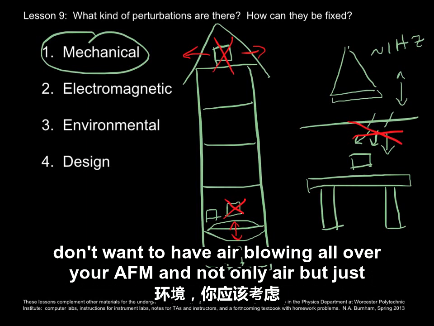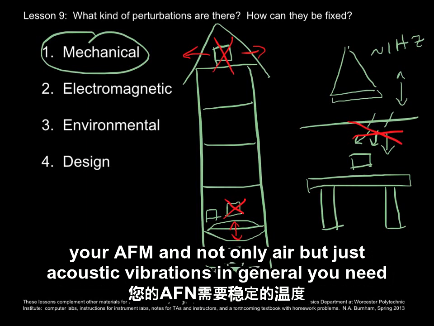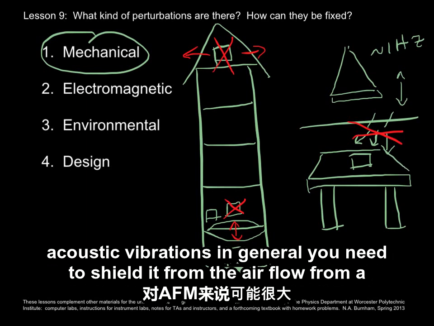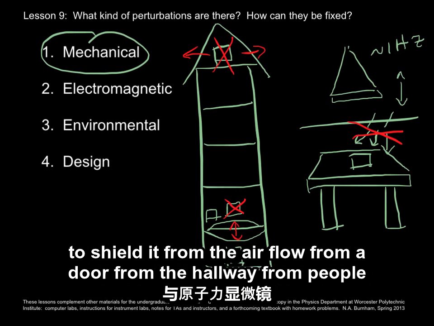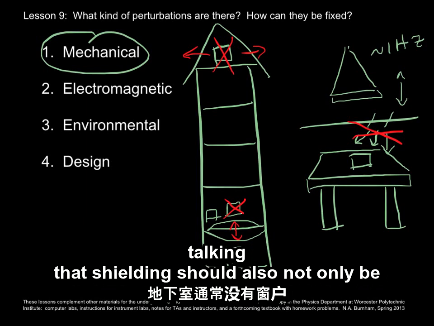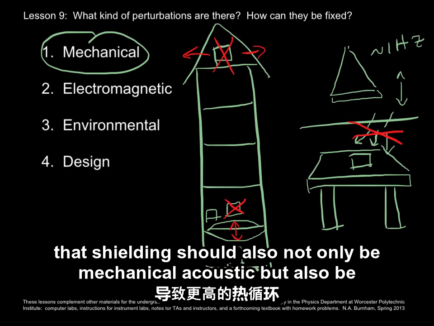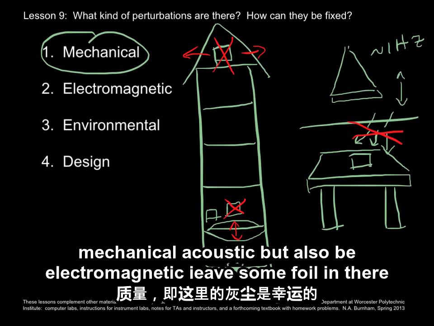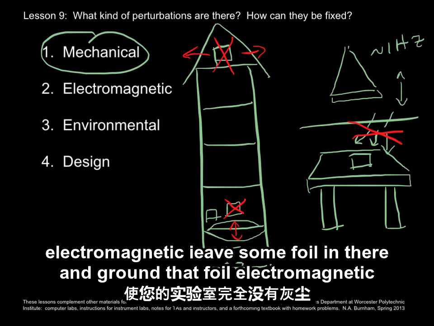And not only air, but just acoustic vibrations in general. You need to shield it from the airflow from a door, from a hallway, from people talking. That shielding should also not only be mechanical acoustic, but also be electromagnetic, i.e. you should have some foil in there and ground that foil.